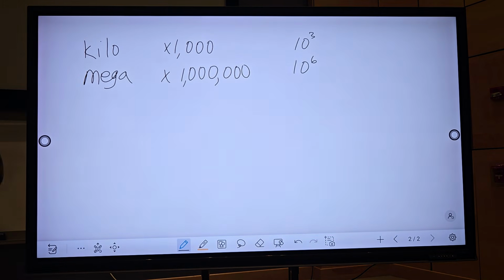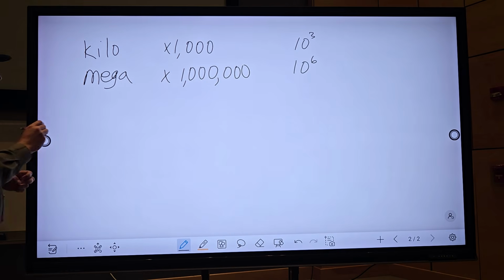Let's see here. What example do I have of that? Megaton, the rating of an atomic bomb blast, megatons of TNT equivalent. That's millions of tons of TNT equivalent for a megaton explosion.